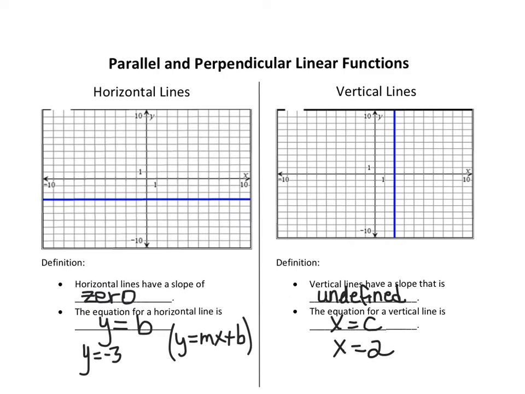Okay, so all horizontal lines are parallel to each other. They all have a slope of 0, and if you have the same slope, your lines are parallel. So I'm just going to write that down anyway, though. All horizontal lines are parallel.